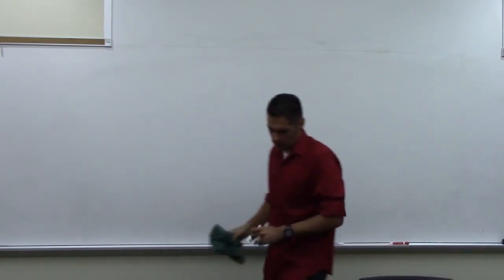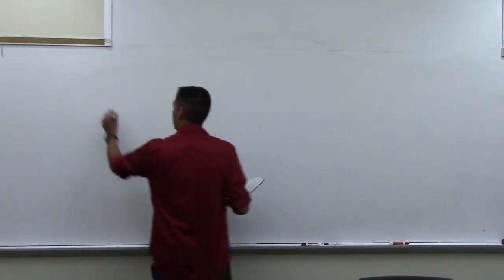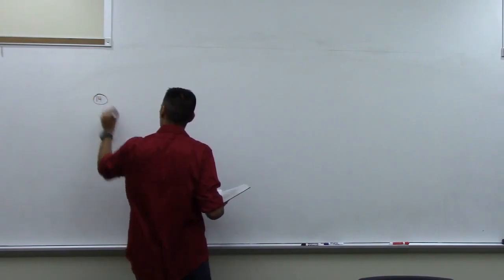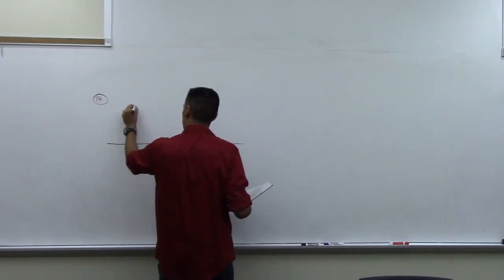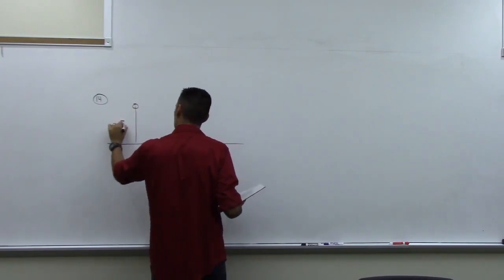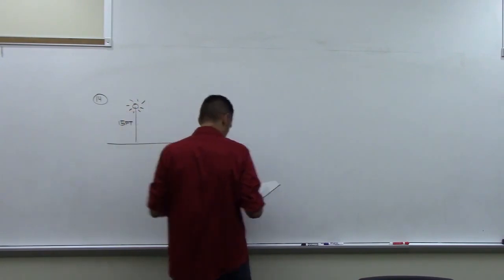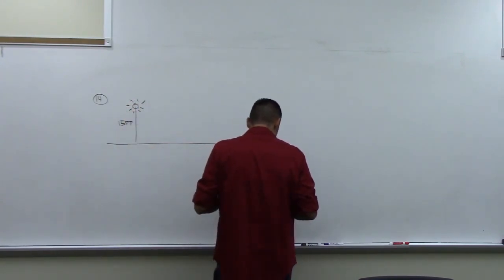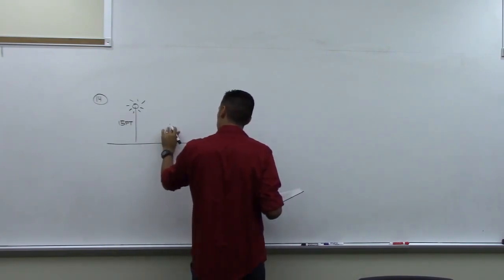All right. Number 14. A street light mounted on a pole. It's 15 feet. Light's coming out in every direction, right, from that light. A 6-foot man walks away from the pole. So here's a 6-foot man.